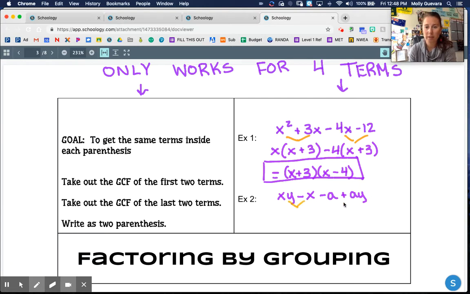So I can still factor by grouping. I'm going to group the first two terms together and the second two terms together. So in these first two terms, the only thing that I have common is an x. So I'm going to take out an x. I'm left with a y. And negative x divided by x is negative 1. So y minus 1.